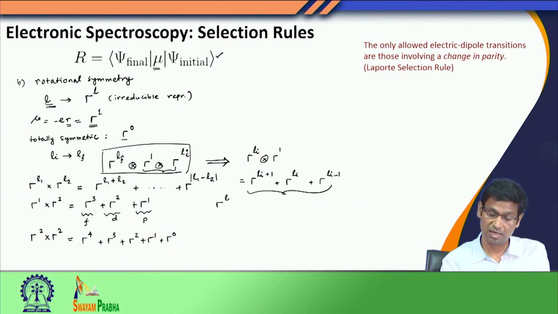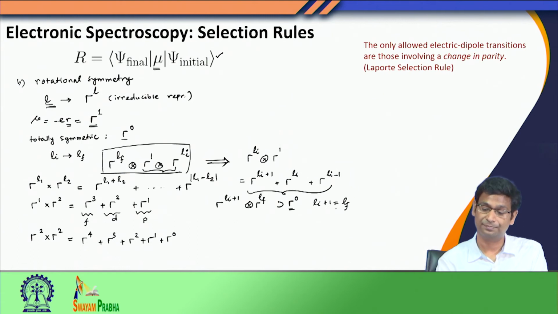So, when I make a direct product of gamma Li plus 1 with gamma Lf, this must contain gamma 0, then only it will be totally symmetric. But it will contain gamma 0 only when Li plus 1 is Lf. If the two terms are of the same symmetry, then only that direct product will have gamma 0, as you can see in this example.